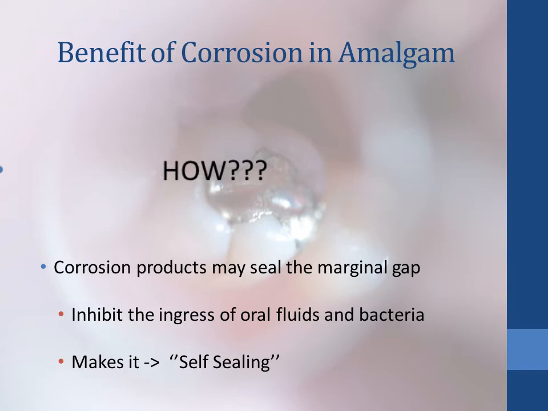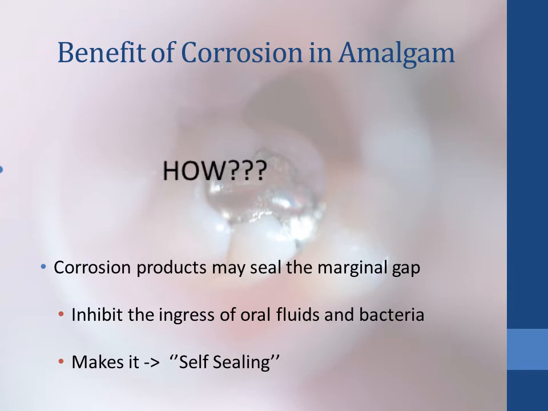As we discussed, over time there may be an interfacial or marginal gap between the tooth and the amalgam because they're not bonding to each other. So the corrosion products that are formed over time may actually seal this gap, and this seal inhibits the ingress of oral fluids and bacteria, and so that prevents secondary caries or sensitivity, and finally any kind of failure, ditching, and this makes it self-sealing.